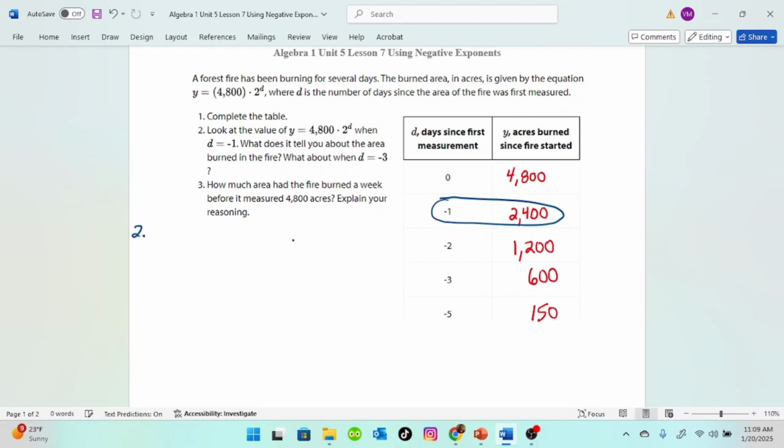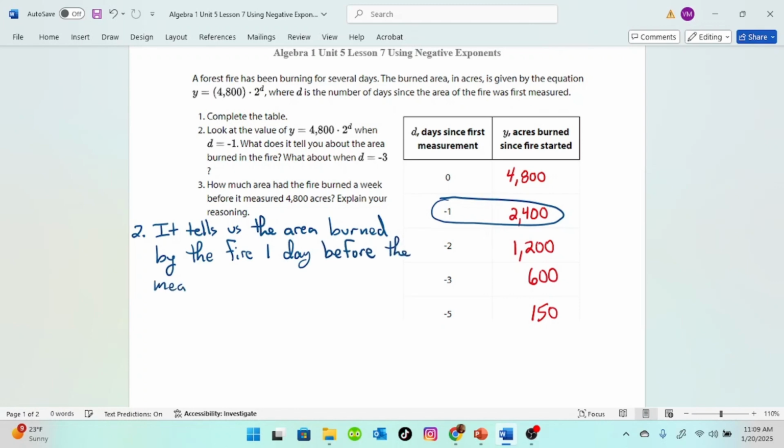So for number 2, it tells us the area burned by the fire 1 day before the measurement was taken was 2,400 acres.